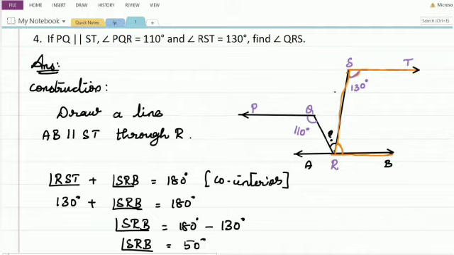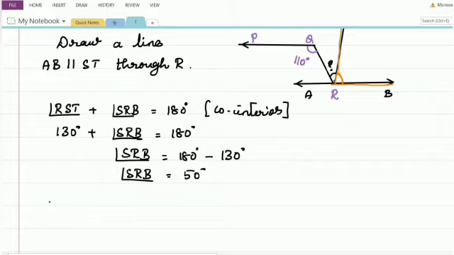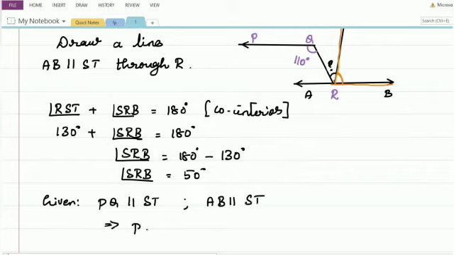In the question they have given PQ is parallel to ST. So we have given a construction that ST is parallel to AB, which implies obviously PQ is also parallel to AB. So from construction AB is parallel to ST, so this implies PQ is parallel to AB.